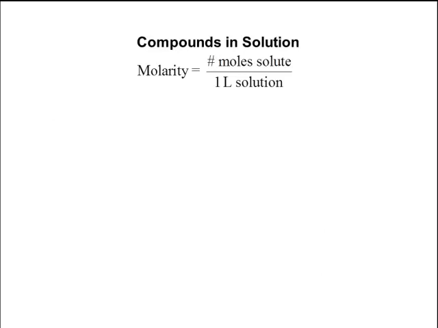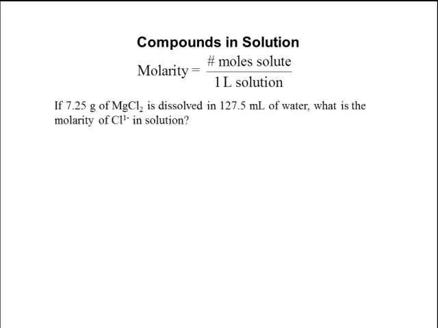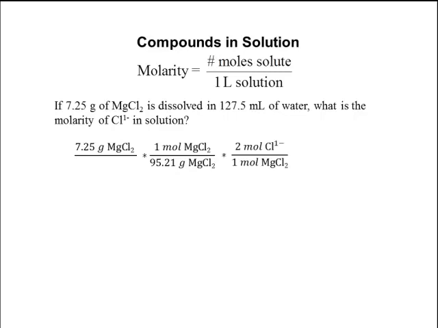Now if I take that same problem and just modify it a little bit, and let's say I want to look for the molarity of the chloride ions in solution. So now the solute I'm interested in is chloride ions, so I need to find out how many moles of chloride ions I have. So it's 7.25 grams of magnesium chloride. Use the molar mass to get to moles. Do my mole-to-mole conversion, and that'll tell me how many moles of chloride ions I have.